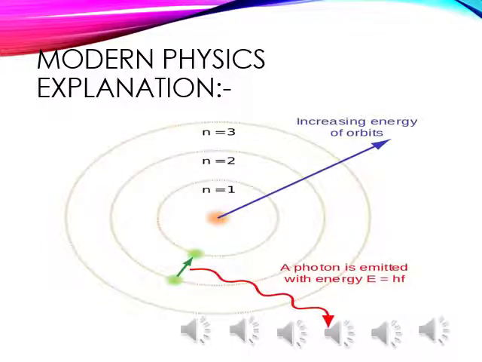That occurs only when the energy equals the difference between two energy levels, delta E. After a period of time, it returns back to its origin level and emits radiation with energy equal to delta E, the difference between two energy levels.